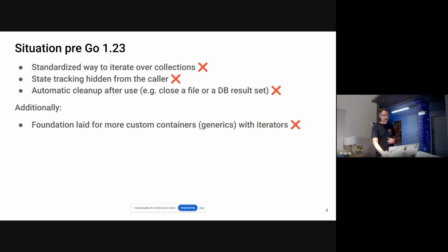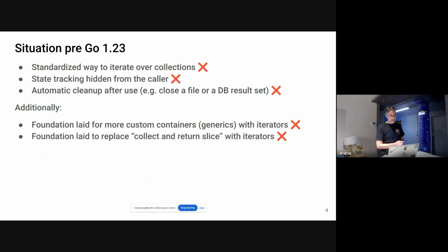Additionally, with generics, we now have the possibility of generic containers in Go, but without iterators. Come on, that doesn't make fun. And we have a lot of situations in the Go standard library where the API is basically to collect and return a slice, which is rather compute intensive.